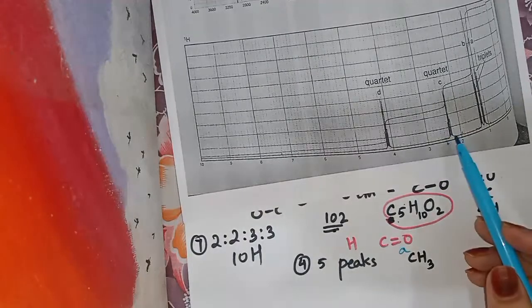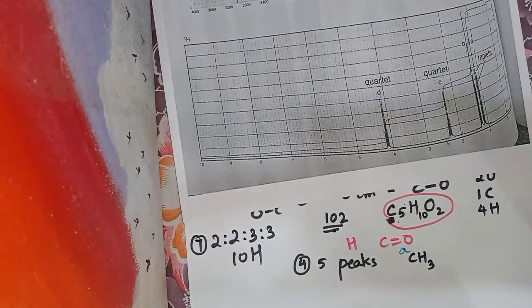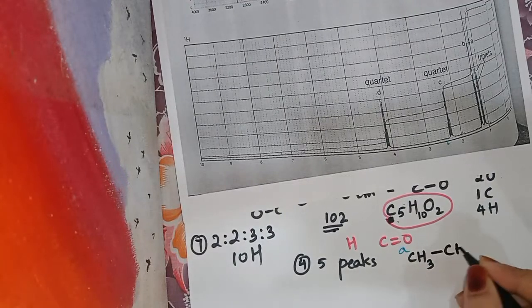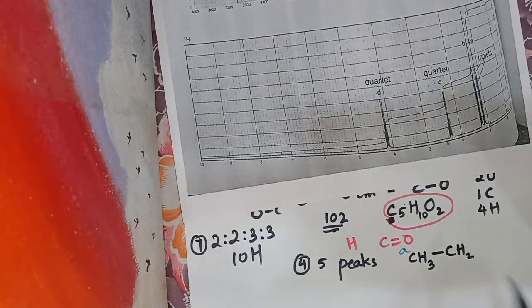So at quartet, I am getting CH2. 1 carbon is attached to this carbon with the 3 protons, and the same carbon is attached to another single bond.